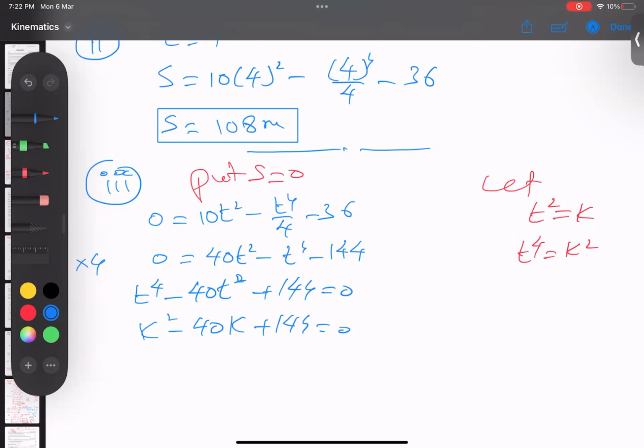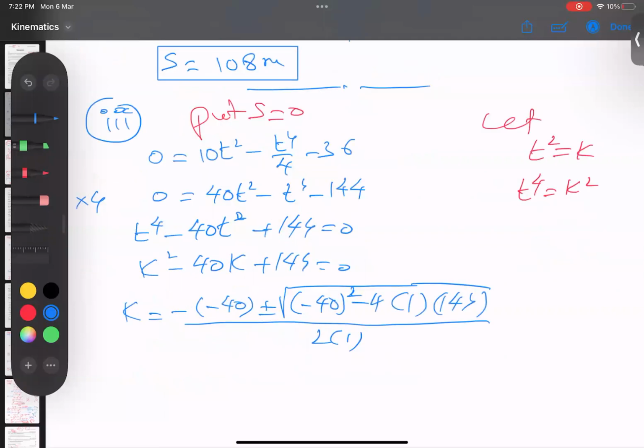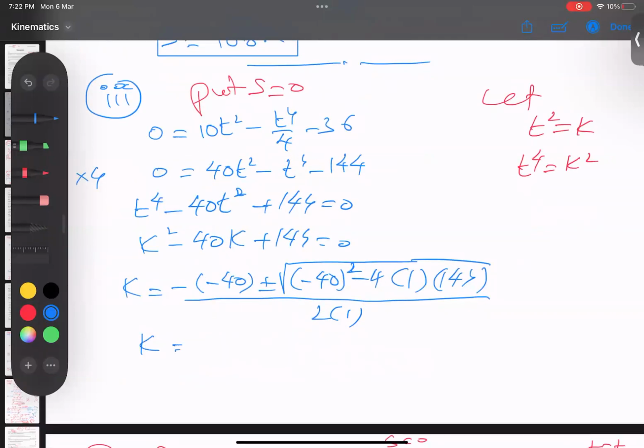Two options are there: one is factorization and one is the quadratic formula. I think I will apply the quadratic formula because some students get issues. Minus b, plus and minus the square root of b squared minus 4ac, where a is 1 and c is 144, over 2a. When I check, the first answer is 4 and the second answer is 36.